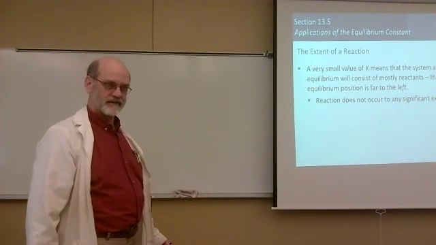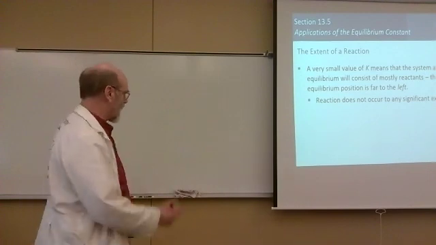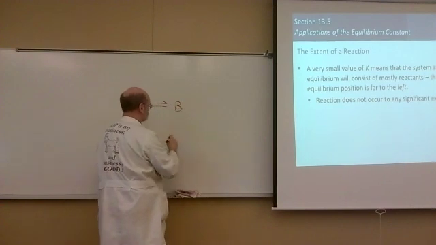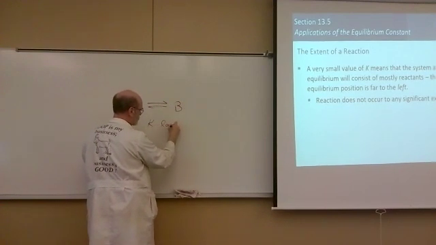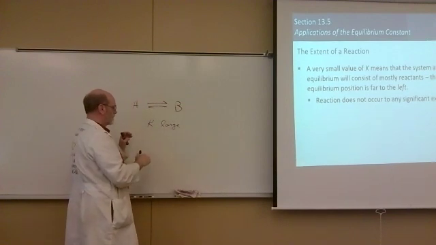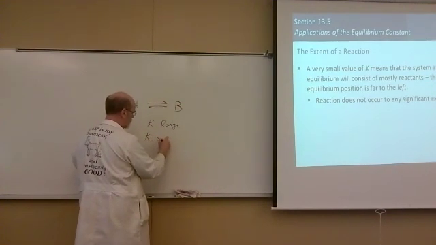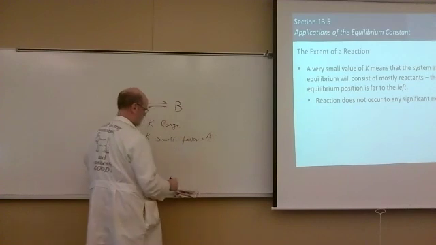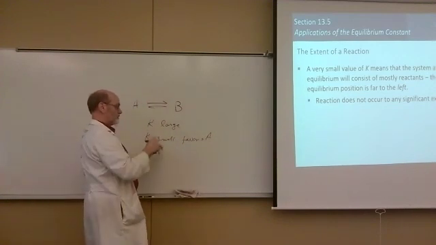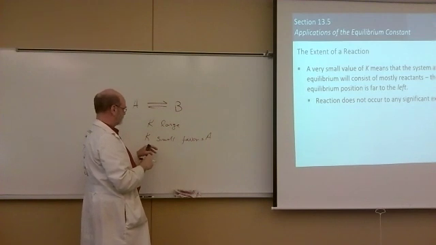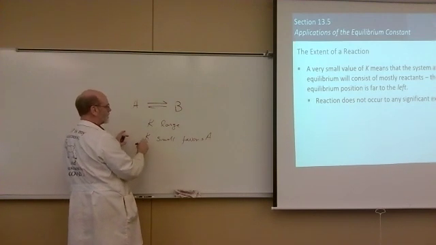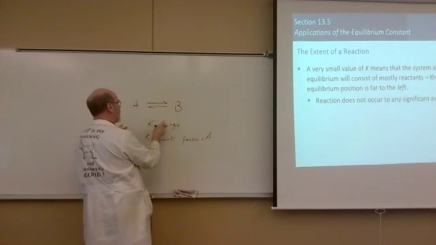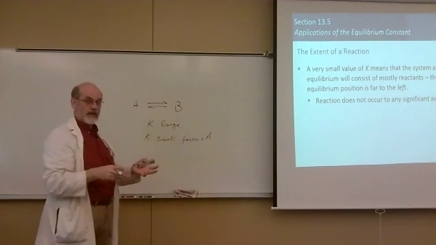Then it becomes a small K. So a reaction that says A goes to B, and if the K is large, then it favors B. But if the K is small, it favors A. But if we reverse the reaction, which would be 1 over K, then the reverse reaction is favored, and that one gives you a large K. Right?